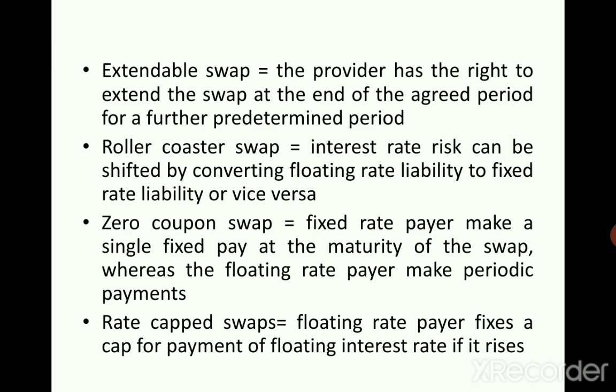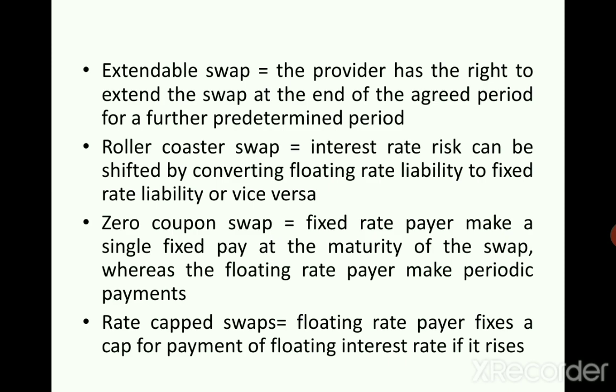So in order to shift the interest rate risk, they will convert floating rate liability into fixed rate liability or vice versa. So a roller coaster swap is a seasonal swap, you can say like that. Usually this is done in order to best meet the cyclical financing needs or other requirements of the counterparty.